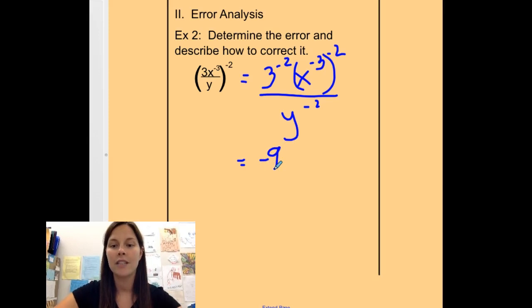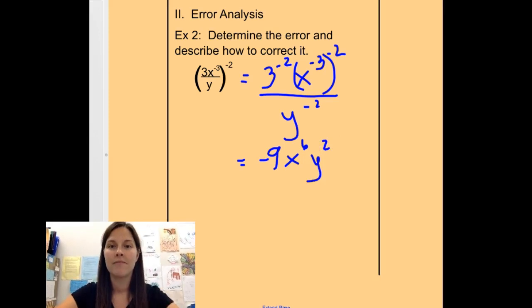Negative 3 times negative 2 is positive 6. And that y to the negative 2 will move to the numerator, and the negative 2 will become positive 2. Again, I made an error in this one. Please find my mistake and correct it. If you can't find it, we will work in our groups tomorrow in class and find it together.